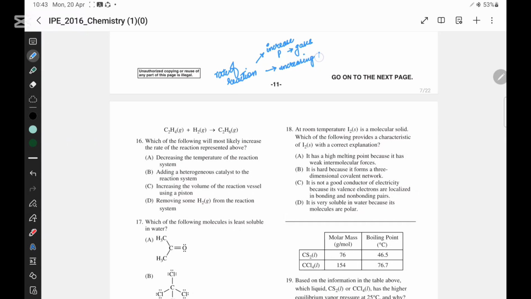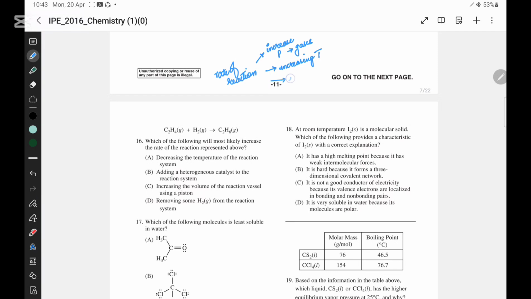When you increase pressure, the particles come closer together, so they have more collisions, and that results in an increase in the rate of reaction. And when you increase temperature, the particles' kinetic energy increases, and hence they have more collisions.